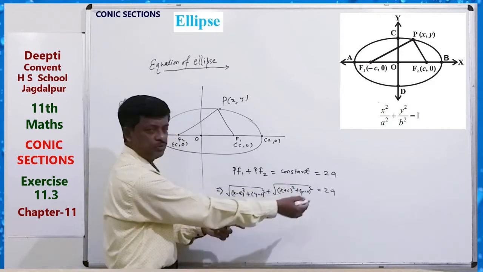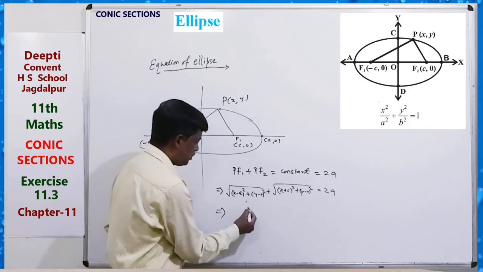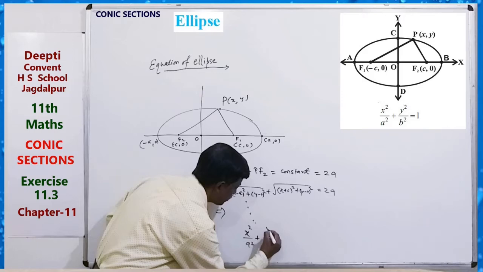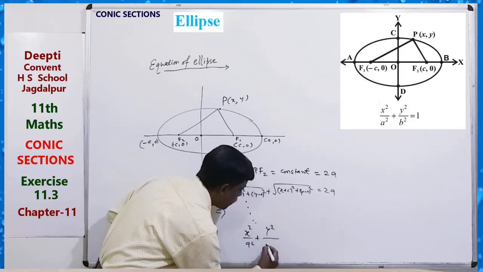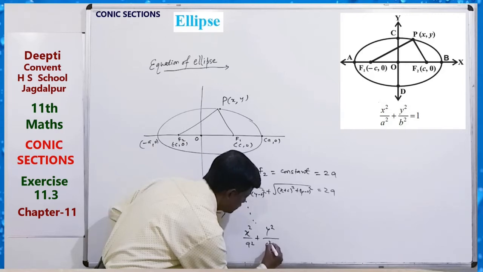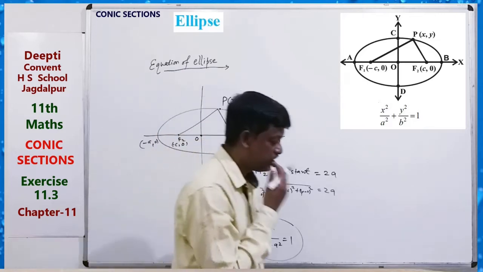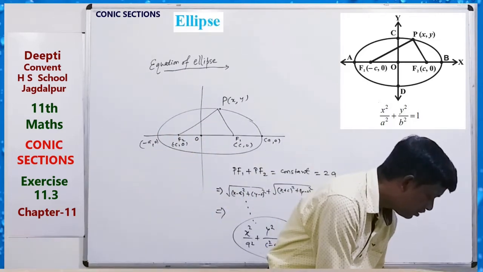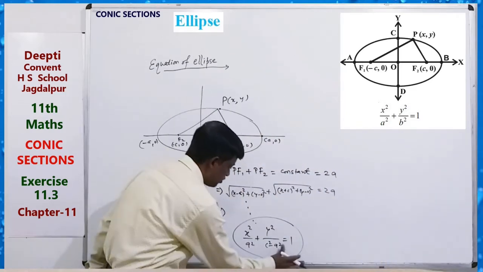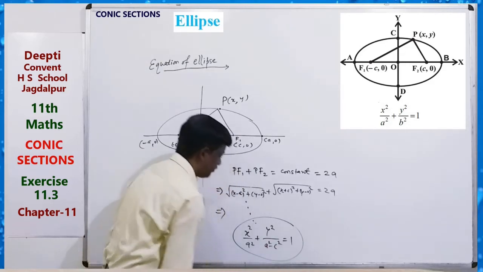Now transferring this root to here and squaring and then adjusting, after doing so we can get like this: x square by a square plus y square by a square minus c square equals 1.